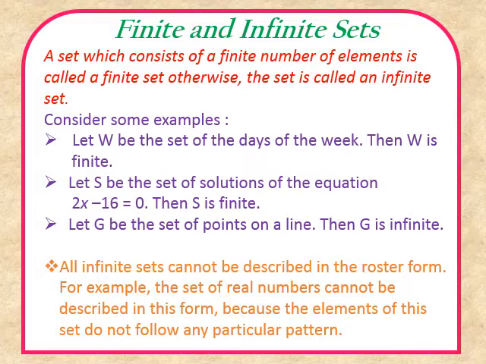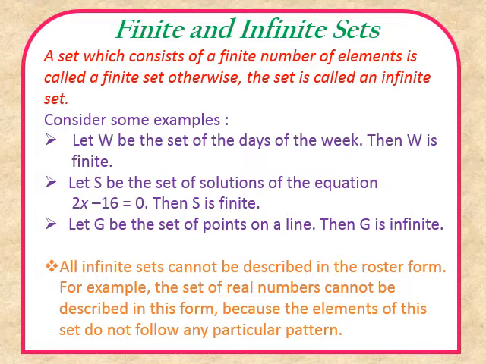Now an important point: all infinite sets cannot be described in the roster form. For example, the set of real numbers, because the elements of this set do not follow any particular pattern. Real numbers can be anything, all the rationals and irrationals.